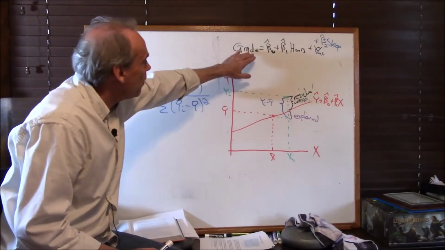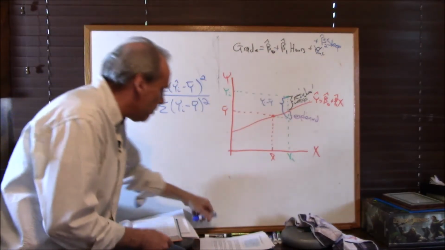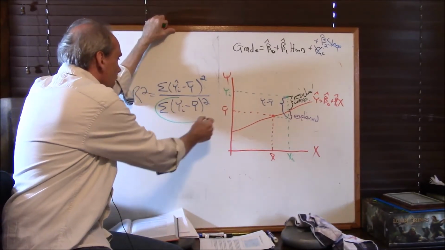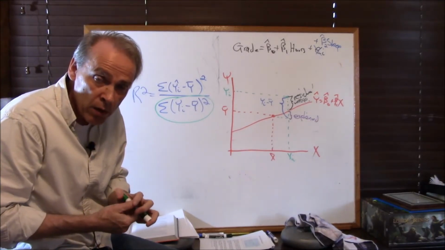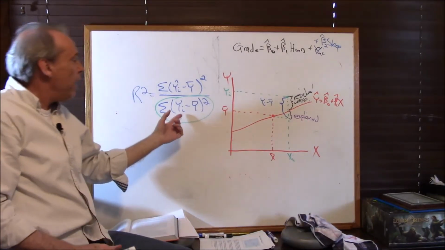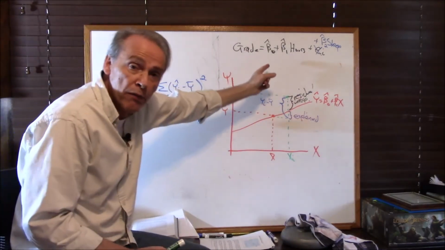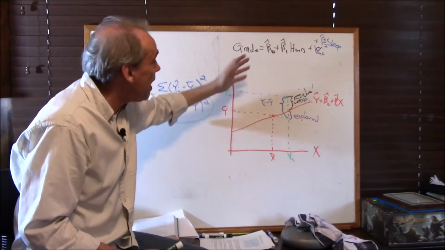It's impossible for this to be worse than the one that's just black, because the total amount to be explained is still exactly the same as it was when you started. How much grades varied from the average is exactly the same. It doesn't change given that you put a new variable in here to explain it. You might be adding a new x, but you haven't added a new y.